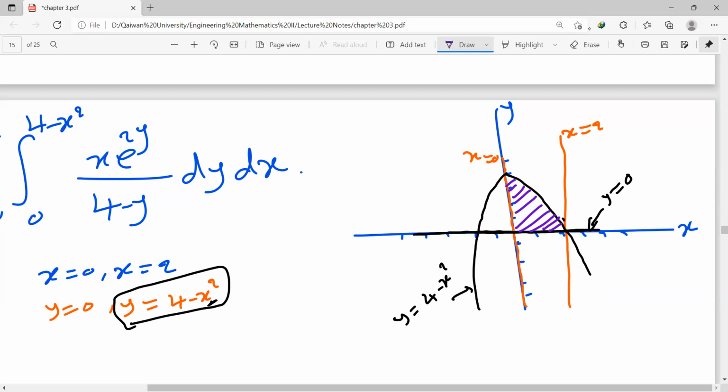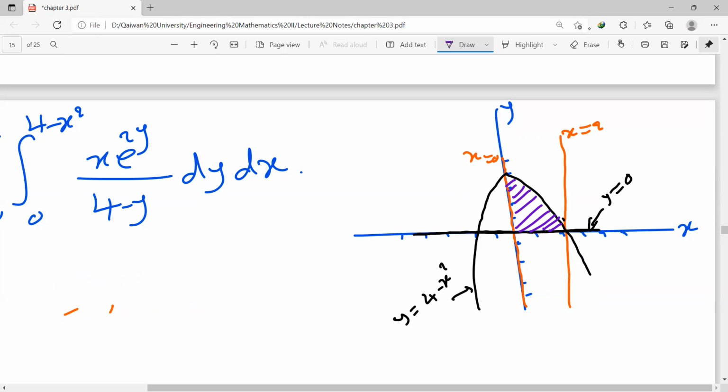Okay. Here, to reverse the order of the integration, we are going to go through the graph horizontally for x and vertically for y. As you see, this is 4.